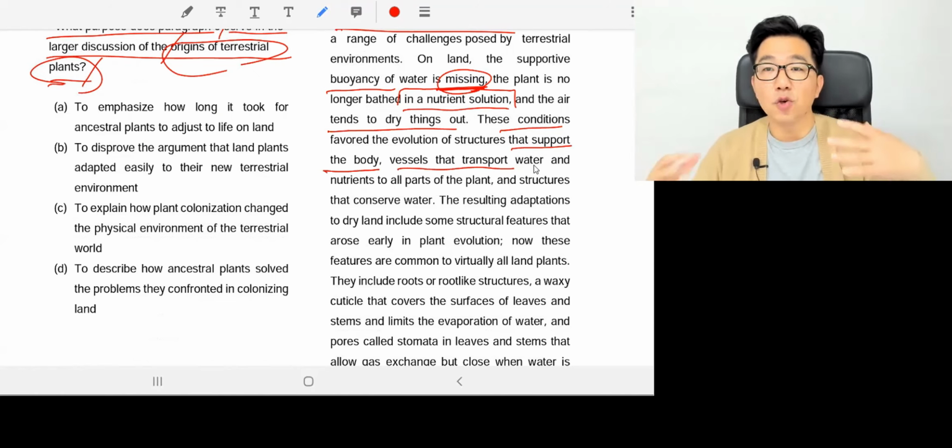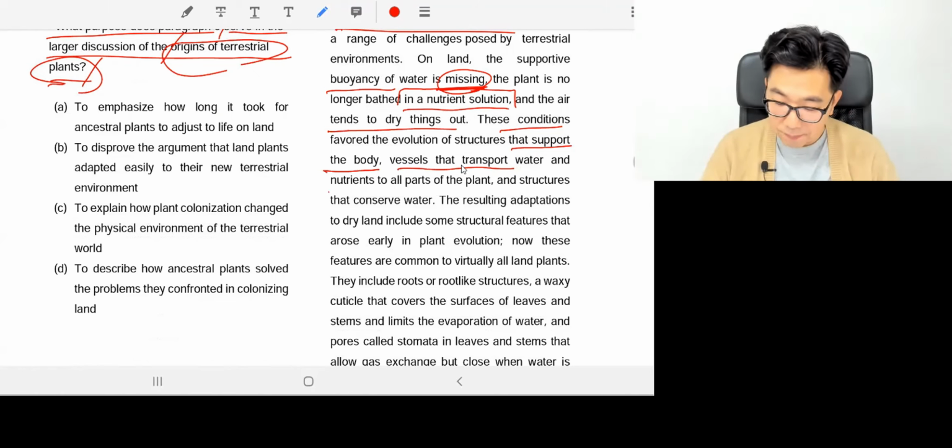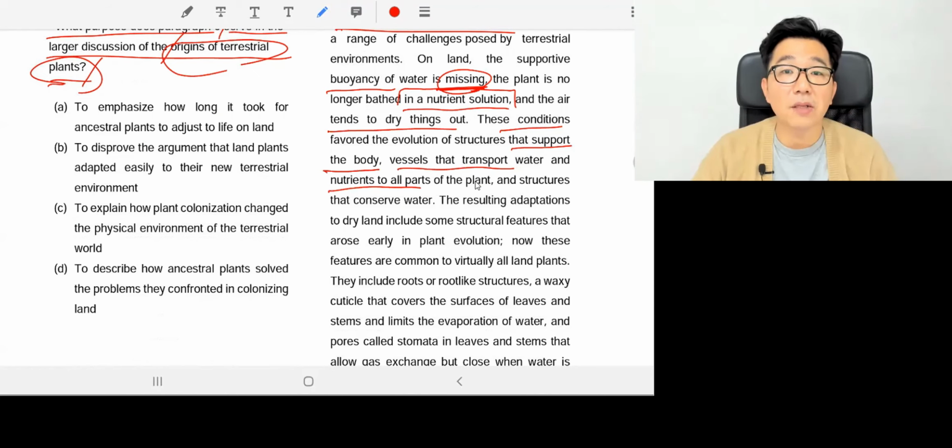Humans have blood vessels. So for the plant, vessels transport water and nutrients to all parts of the plant, just like how human blood vessels transport blood, and structures that conserve water to overcome the third condition: air sometimes dries things out.